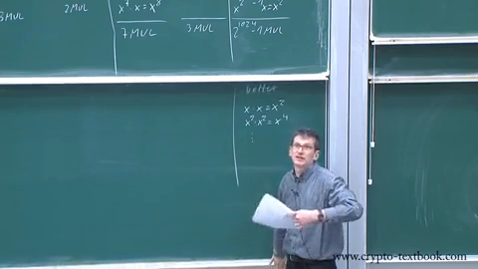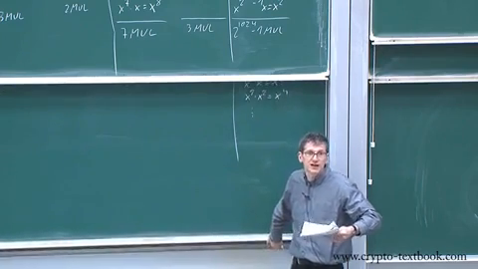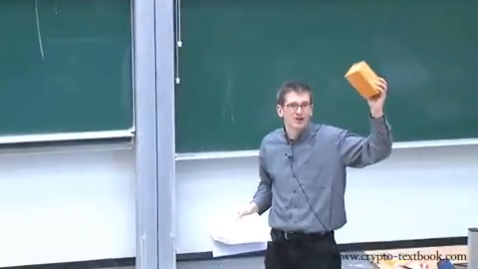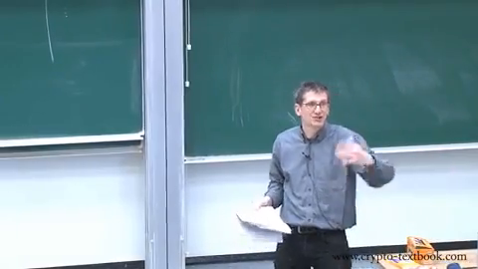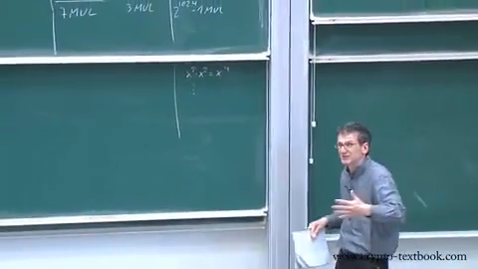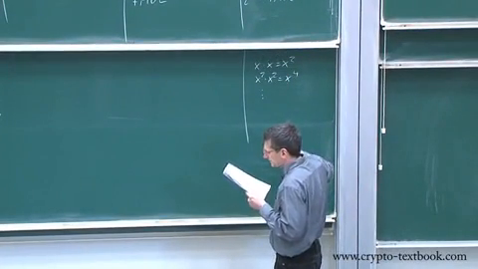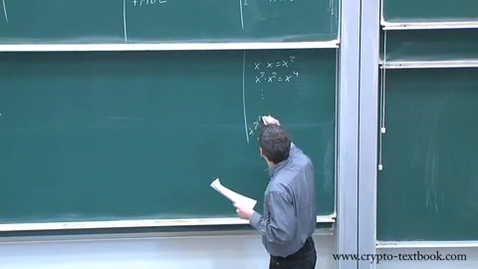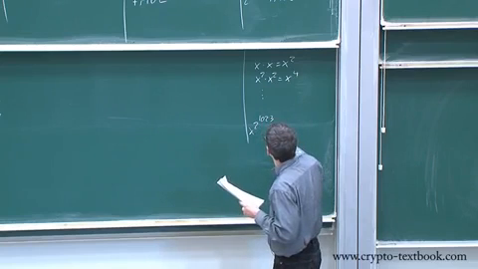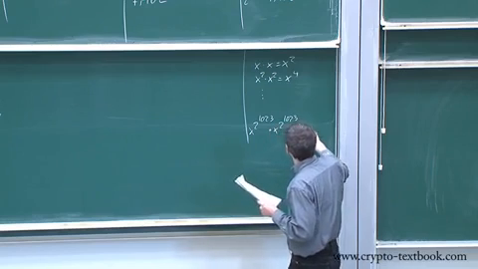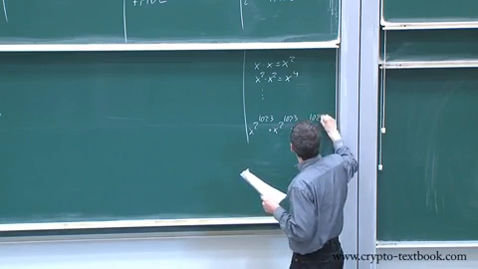It would take me 2 or 3 hours. I could do it, and there's enough chalk in this box to do that. I don't need 2 to the 300 atoms for that. That's what I'm trying to say. At the very end, I end up with x to the 2 to the 1023 times x to the 2 to the 1023, which gives me x to the 2 to the 1024.